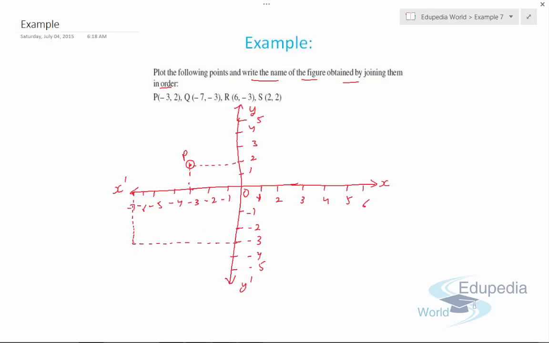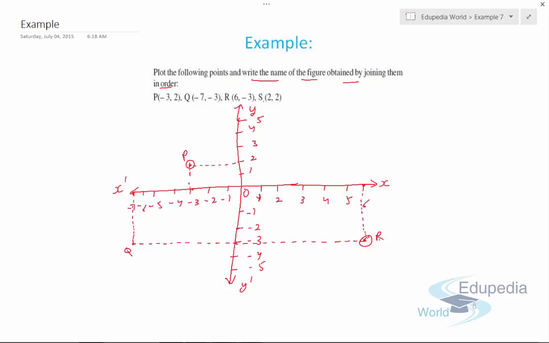So this is the Q point, and R is 6 and -3. So 6 is over here and -3 down over here. So we can draw a dotted line like this. So this is the R point.